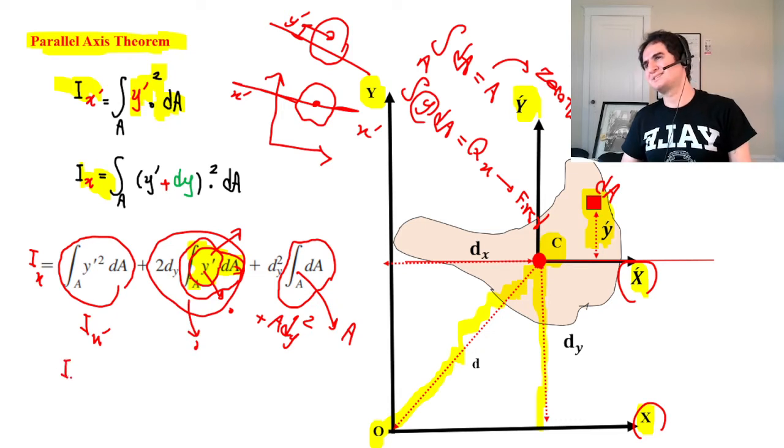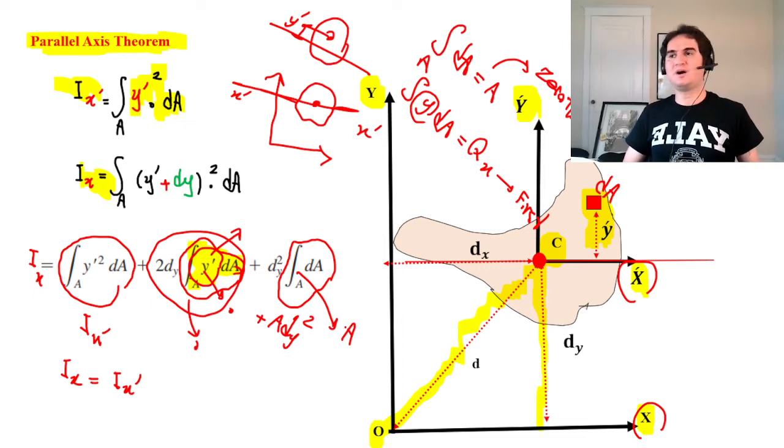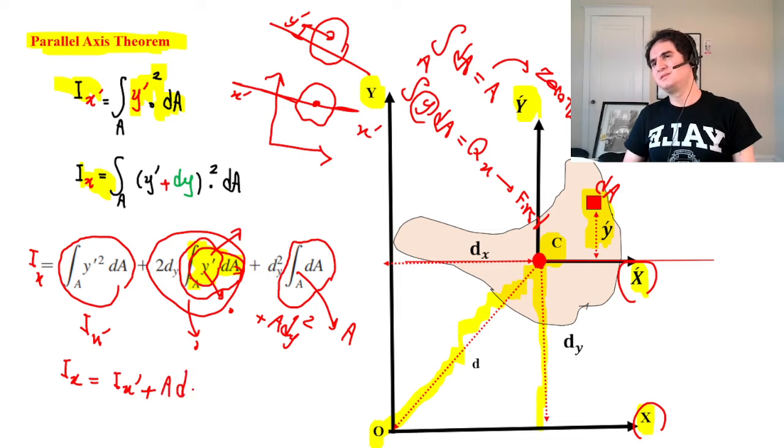So that says Ix is equal to Ix prime. The moment of inertia about the new axis is just the old one plus the area times d squared. That's an interesting fact about the moment of inertia.